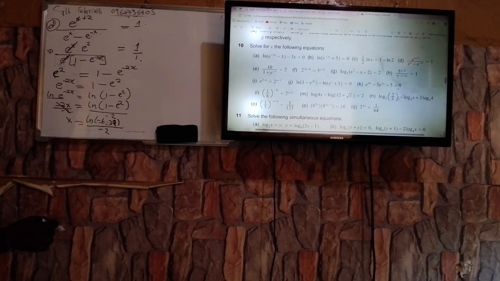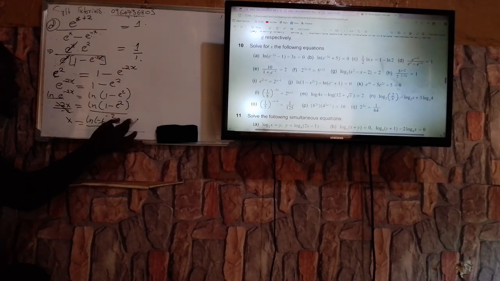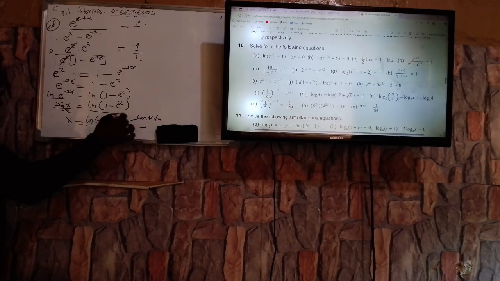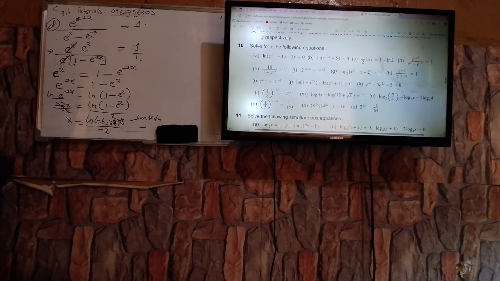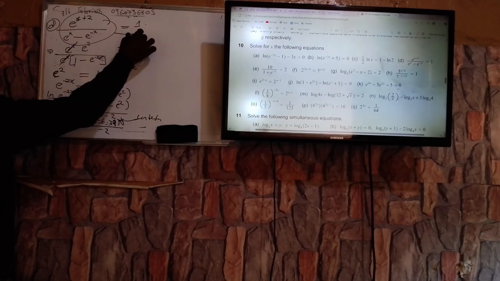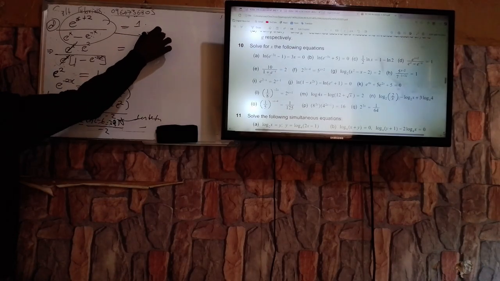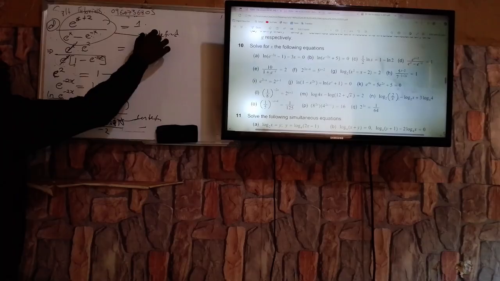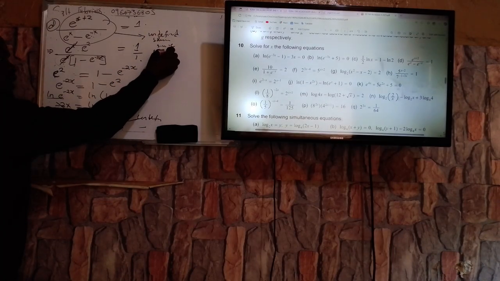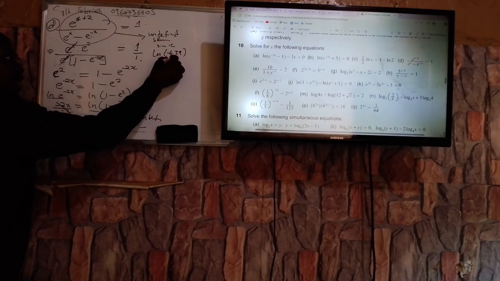If inside the log I have a negative value, this is undefined, and if this is undefined, it means that x as well is undefined. So therefore, this solution is an undefined solution, since the natural log of negative 6.39 is undefined.